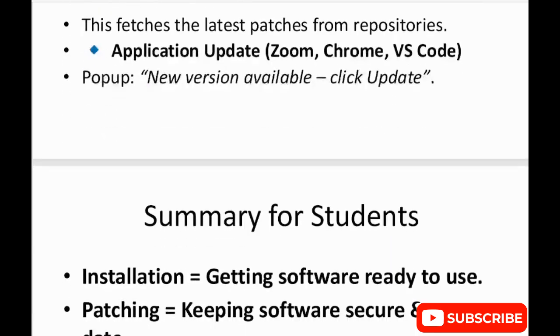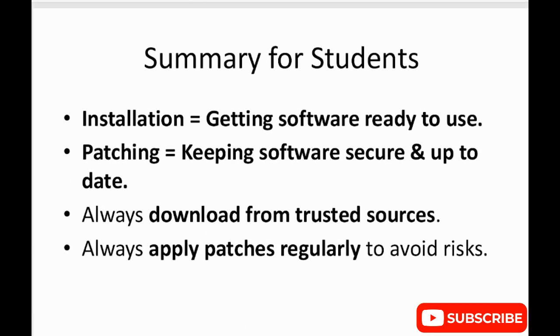Summary for students. For installation, it is about getting software ready to use. When you install any software, please be careful at the start and follow each and every step, so that your software installs properly and is ready to use.